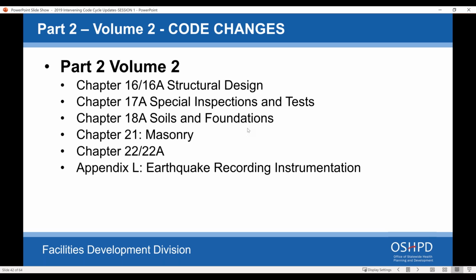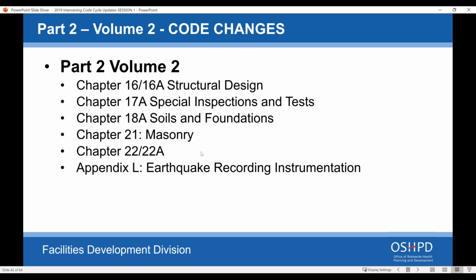Chapter 18, Soils and Foundations, we have a very small, very minor change to coordinate with changes that were initiated by DSA. Masonry, these were changes that we made when we made the OSHPD 1R categories, and we transferred the requirements from the A chapters for OSHPD 2 and OSHPD 5 to model code.